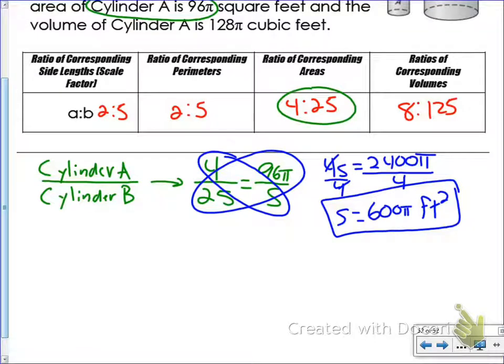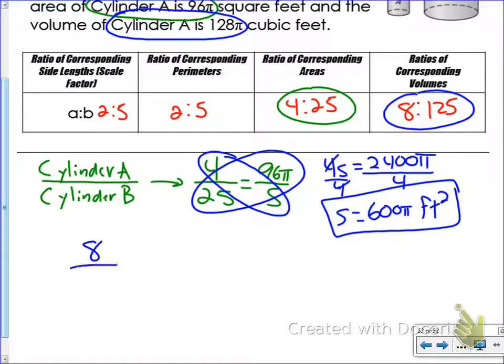We can use the same method to find the volume of cylinder B. Again, we are given that cylinder A's volume is 128 pi. We're still going to use cylinder A over cylinder B, but this time we're going to use the ratio of volumes.